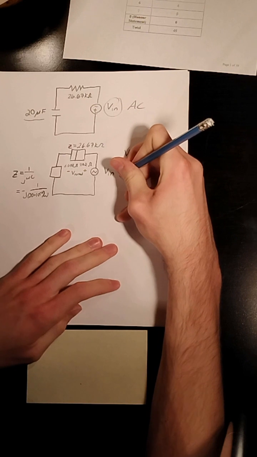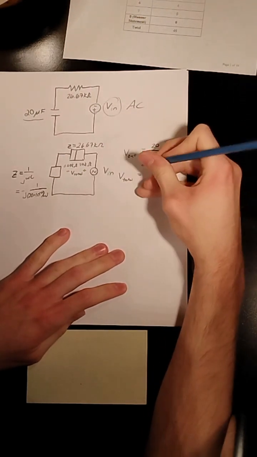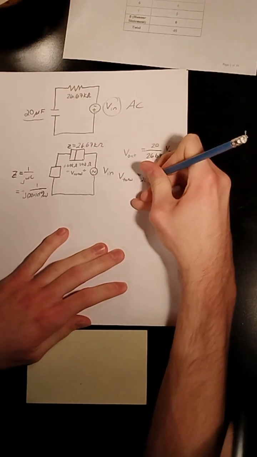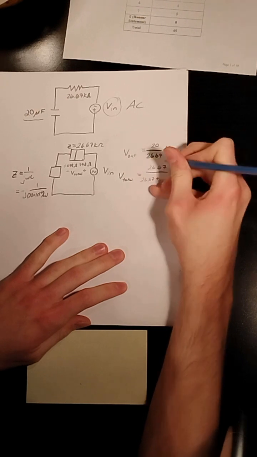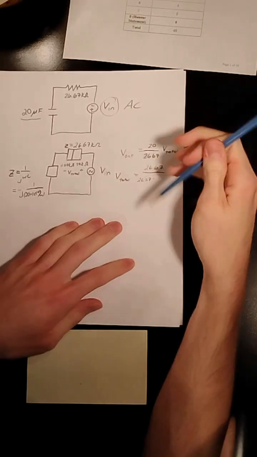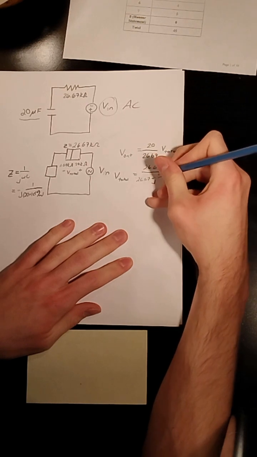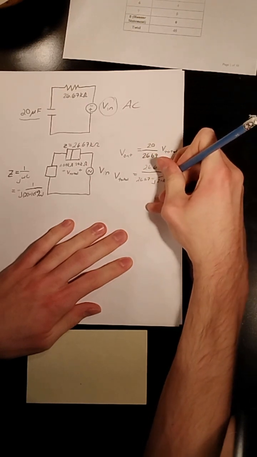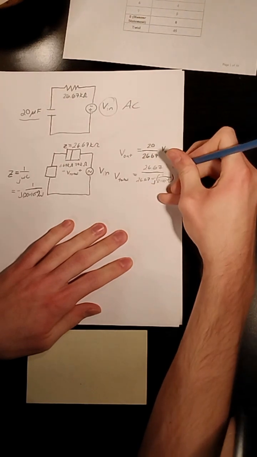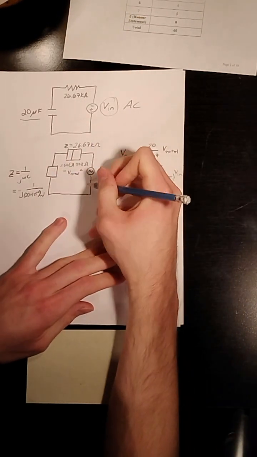So V total is equal to 26.67 over 26.67 plus, well, I guess minus j, 1 over 2 times 10 to the negative 5 omega. And that would be V in. The total voltage drop across both of these is just V in.